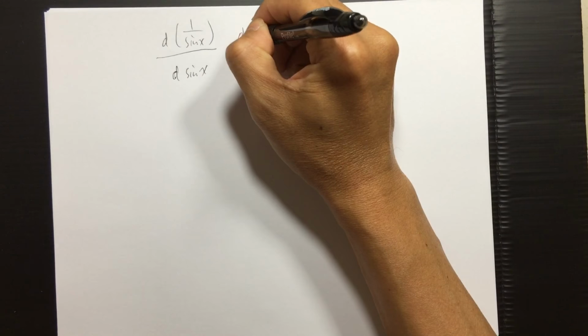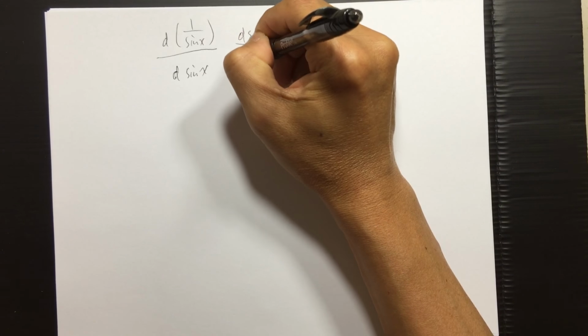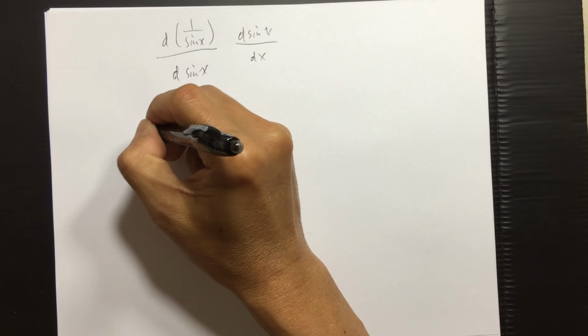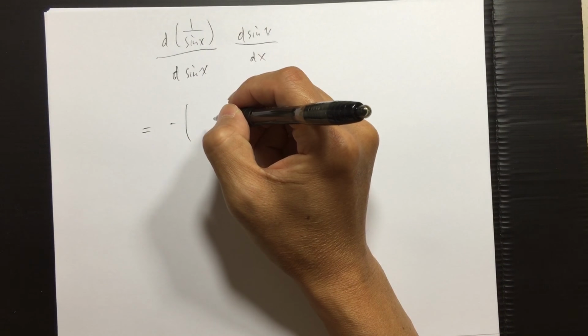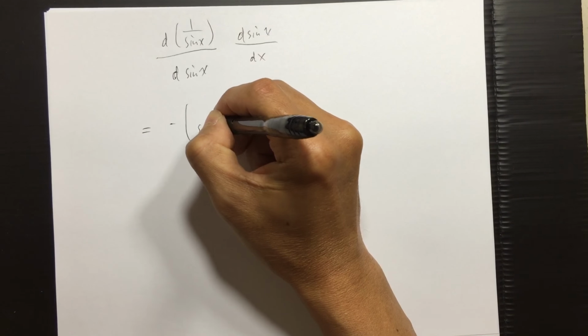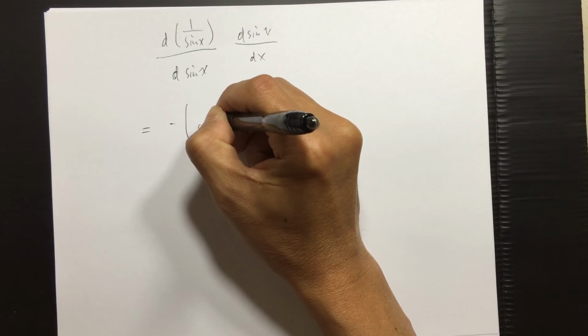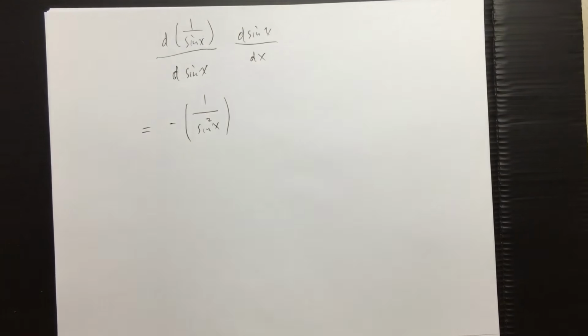That's just 1 over sine x, d sine x, right? Then you do d sine x dx, right? This is minus 1. It becomes minus 2. Right? This becomes minus 1 came out. So sine x to the minus 2. Right?